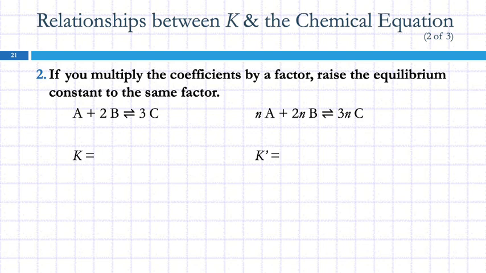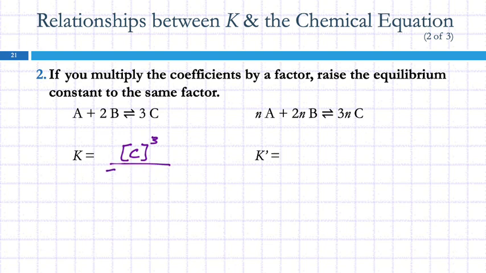If we multiply the coefficients in the equation by a factor, so we did that with Hess's law, we have to multiply everything by 2. And then we would multiply delta H by 2. Well, here, instead of multiplying by 2, we're going to raise to the power of 2. So here we have A plus 2B goes to 3C. And here we have the same equation, but multiplied by some integer n. So maybe it's 2 or 3 or whatever. So we can write the equilibrium constant expressions for these.